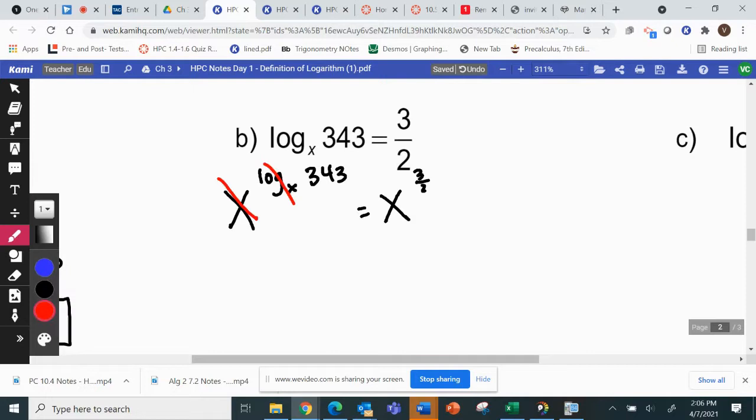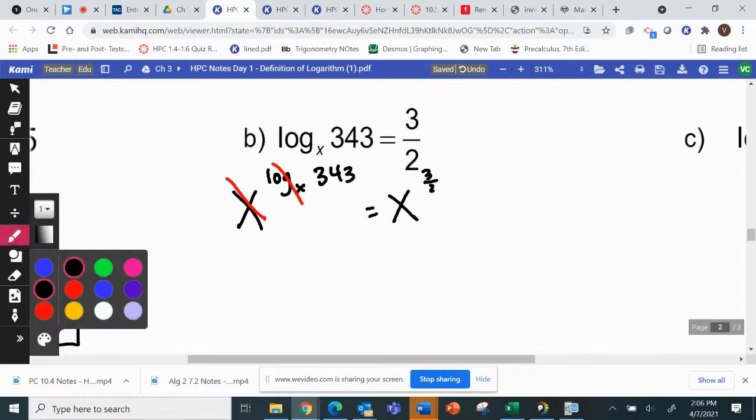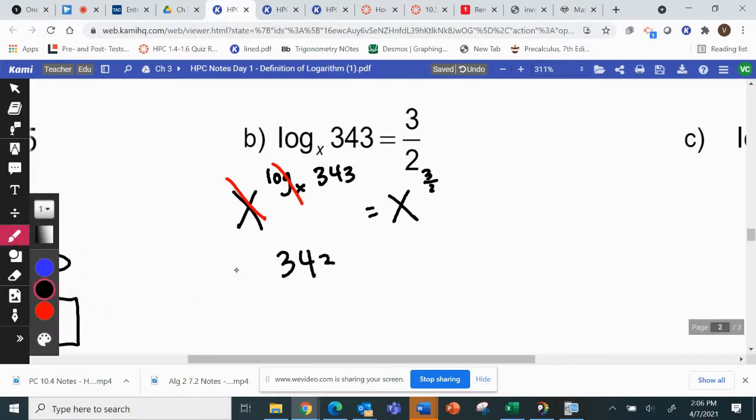So then that cancels out x to the log base x, and we get 343 equals x to the 3/2. Now what comes is old Algebra 2 review. How do I solve this equation for x? Square both sides? Is that what you said?